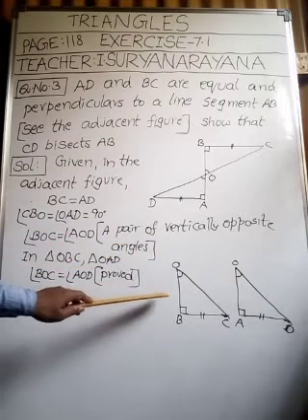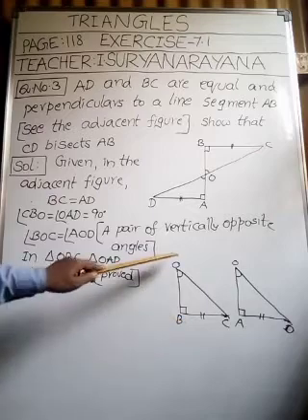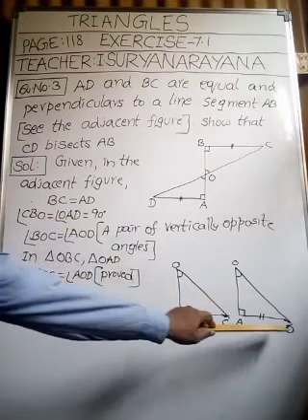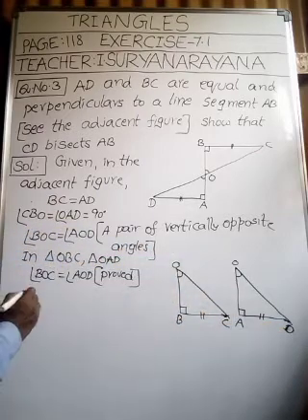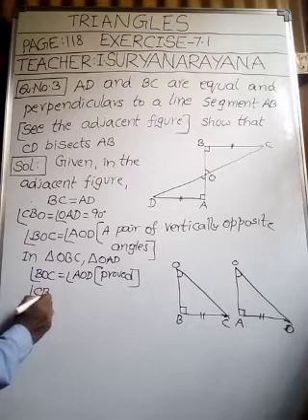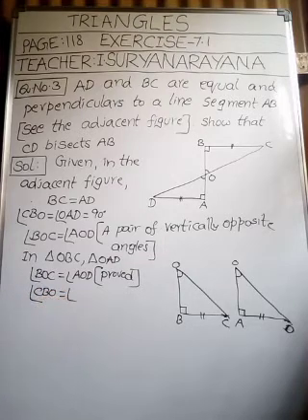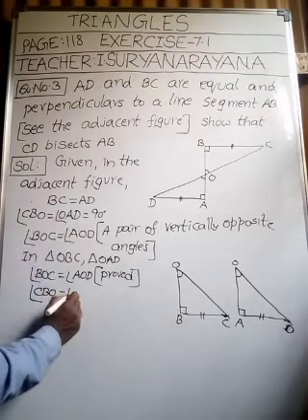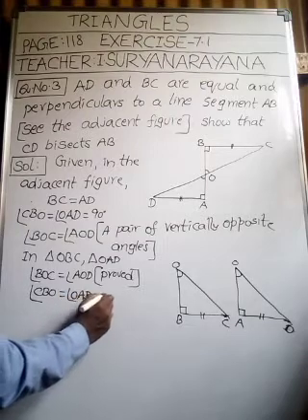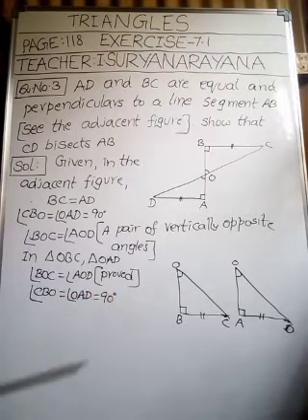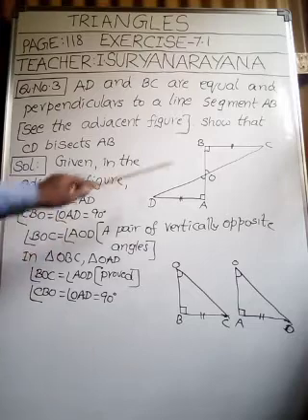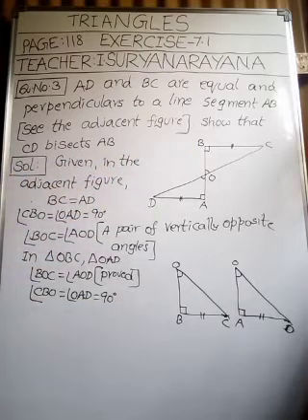Next, angle CBO is equal to angle OAD. There by construction, they have already given perpendiculars. It is also proved here. Next, what is given?